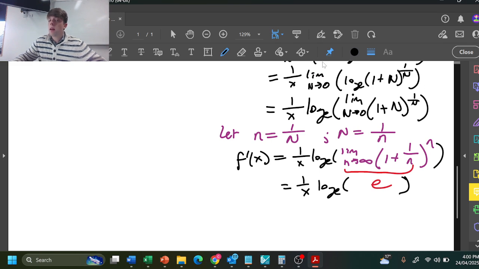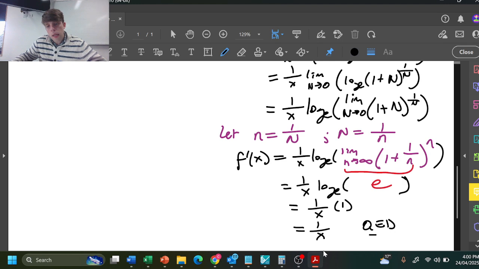And if we have a log e, so the base is e, the thing inside the brackets, what that's basically saying is e to the power of what is equal to e? Well, it's just 1. So what we end up with is 1 over x times 1, and that is simply just equal to 1 over x. QED. That's another quick little proof of this.